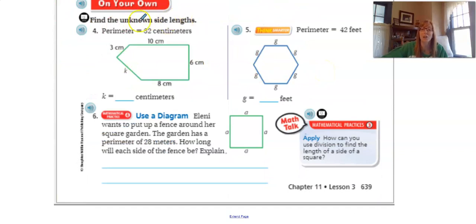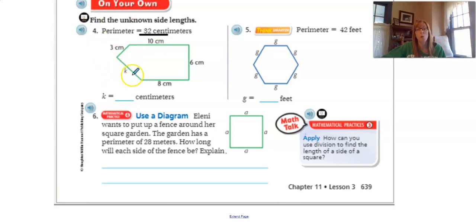Find the unknown side lengths. They tell you right here that you have a perimeter of 32 centimeters. That means the distance all the way around equals a total of 32 centimeters. They've given you some, but not all.